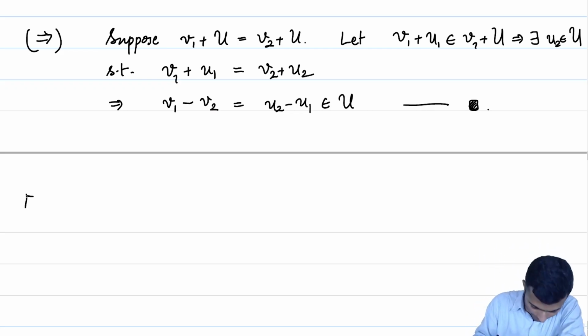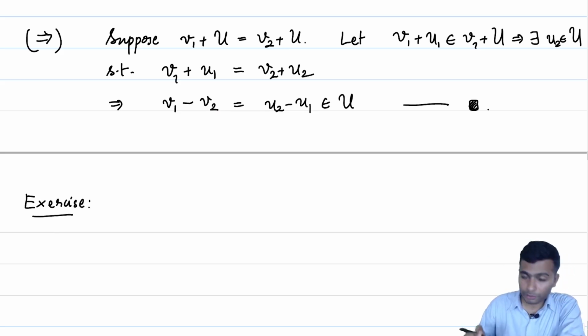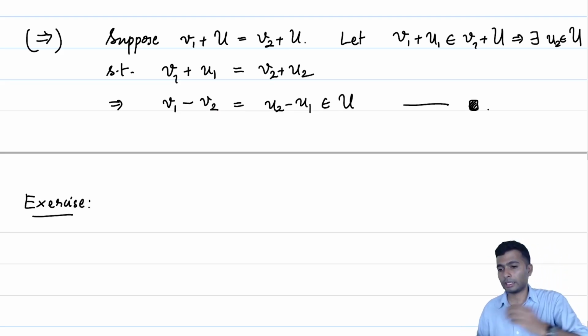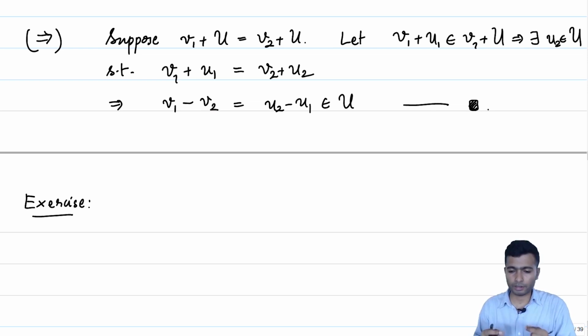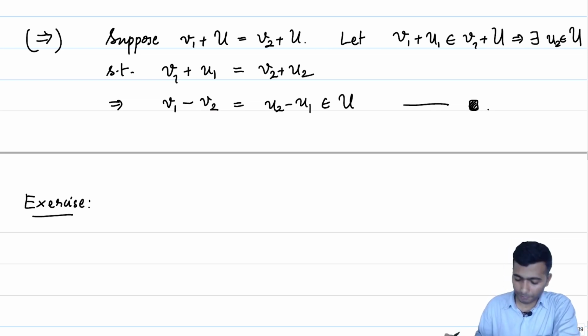At this juncture, let me give you an exercise which tells you something even stronger. This exercise tells us that if two affine subsets intersect even in one point, suppose the intersection is non-empty, then they should necessarily be the same.